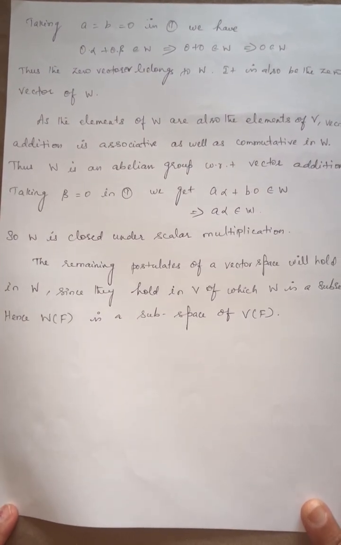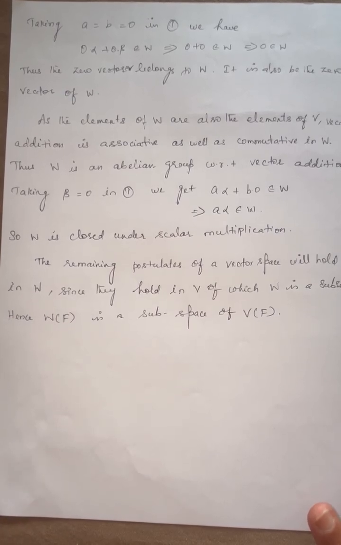Then 0 times alpha plus 0 times beta belongs to W, which implies 0 is in W. So the zero vector also belongs to W. It is in V, and it is also in W.